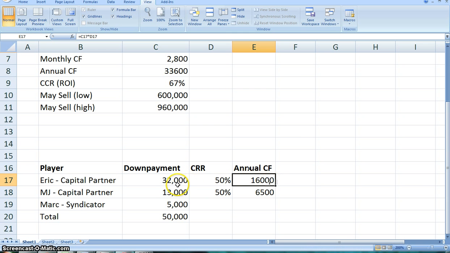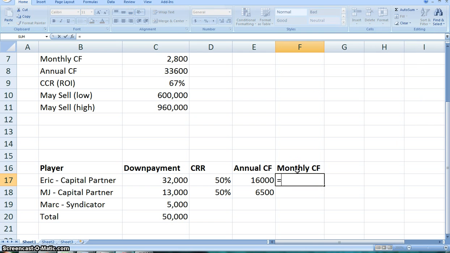So for Eric, it's $16,000. For a monthly cash flow number, if we take 16,000 and divide it by 12, it's $1,333 a month. And for MJ, $541 a month. When you earn 50% on $13,000, you're going to get $541, or rounded up to the nearest dollar, $542 a month in cash flow.